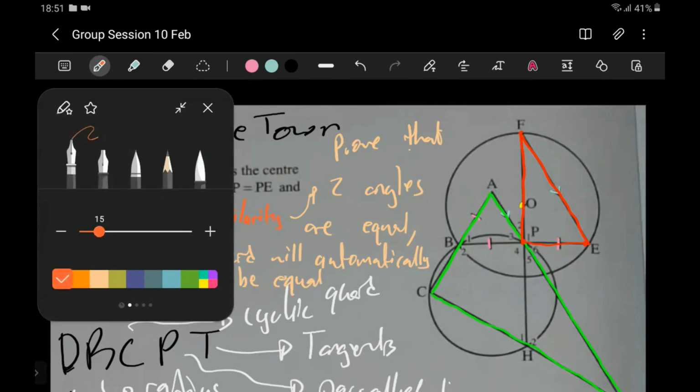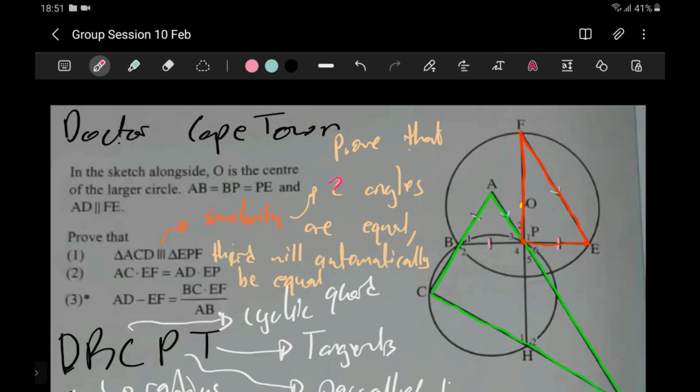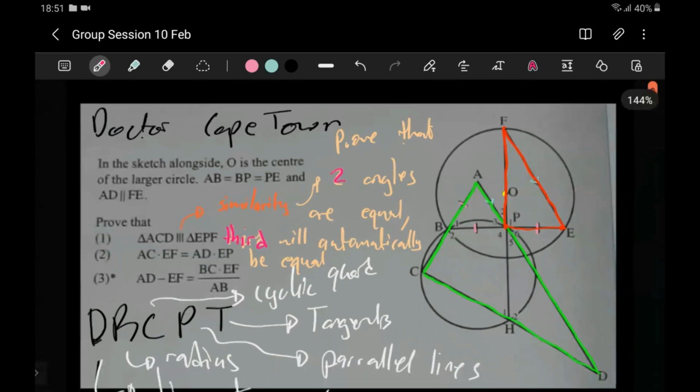But in terms of looking for something to write out, just look for two pairs, because the third one you will always be able to say is equal because of interior angles of a triangle. We're going to show that in practice while working on the question now. So that's the first thing we can say up front: this means similarity, and we need to just find two pairs of angles that are equal, and then the third ones will automatically be equal.